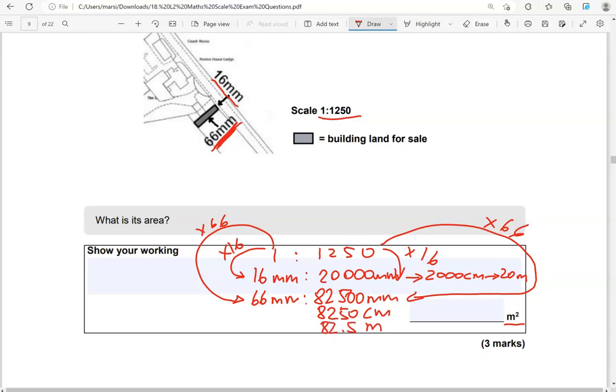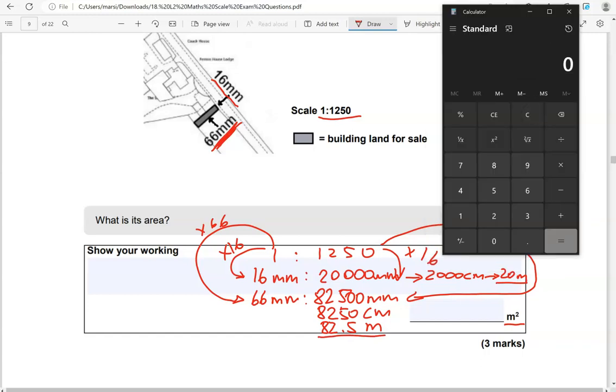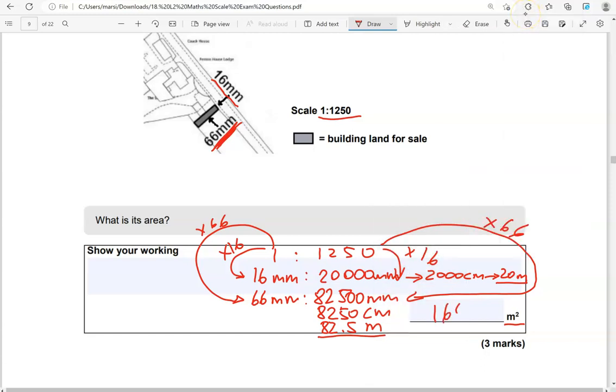So now to work out the area, we're going to multiply 20 by 82.5, which is 1,650 square meters.